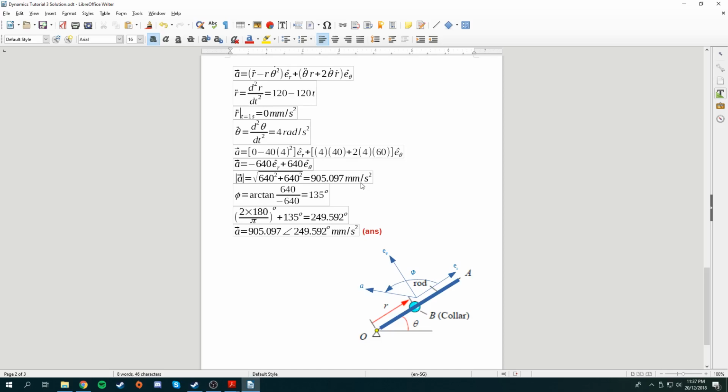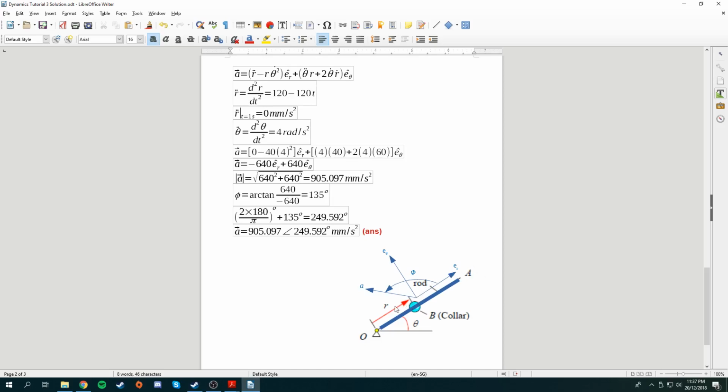Again, I will do my arc tangent of my e theta over my er, and I'll find it out to be 135 degrees. However, when you punch this into your calculator, you will get negative 45 degrees. This is because your calculator is not able to tell whether this negative is in the denominator or the numerator. So to allow you to understand this properly, you should draw out the vector. So in this case, I know that er is a negative value. So this is positive er.